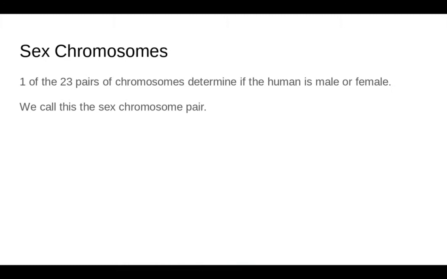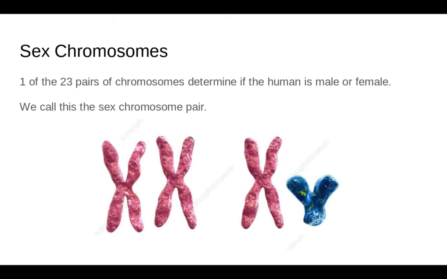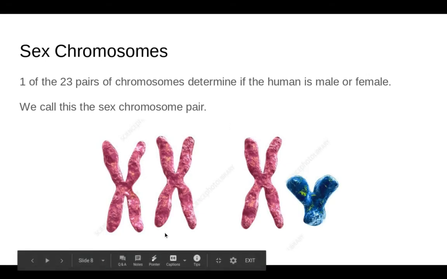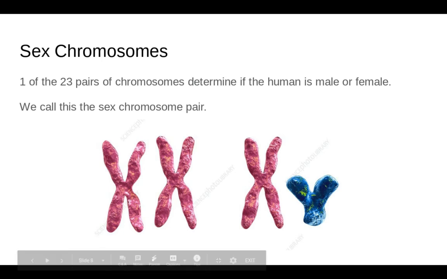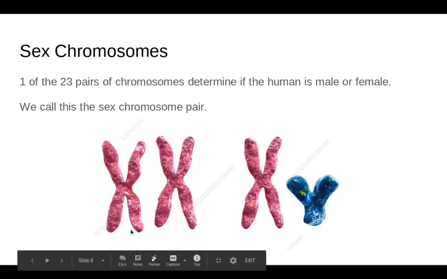Now let's talk about sex chromosomes. Of your 23 pairs of chromosomes, one pair will determine the sex, if the human is male or female, and we call this a sex chromosome pair. Okay, now this is kind of what they look like for different sexes. Here we have XX, okay? Can you see it's XX? So XX is a female, okay, or a girl.